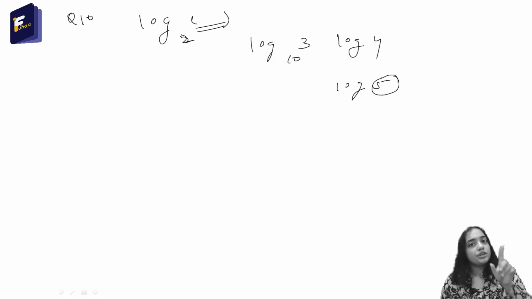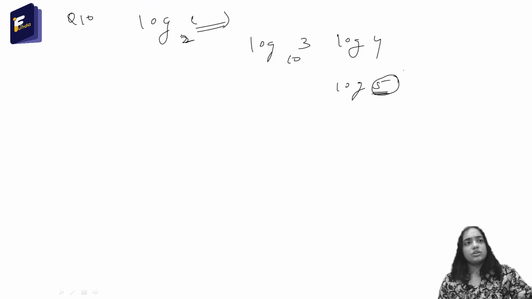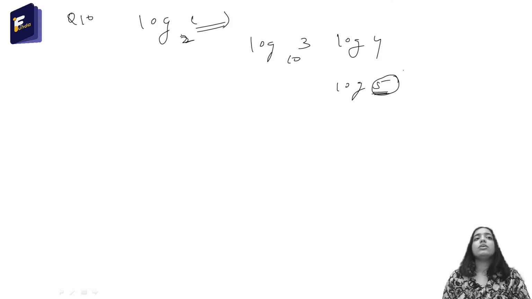It should not be 0, and it should not be negative. You cannot say log of minus 5 or log of minus 2. That is wrong. I will tell about the condition of the base later, but for the time being, you have to know that you can only find the log of positive numbers.